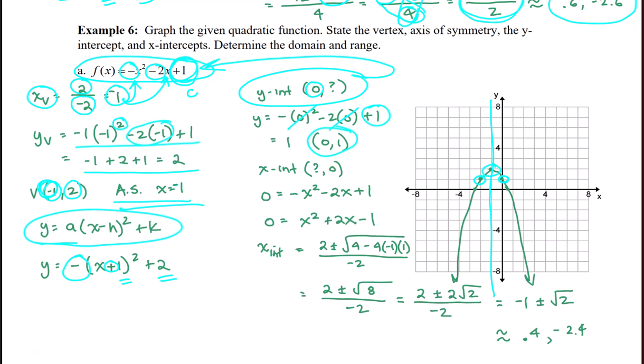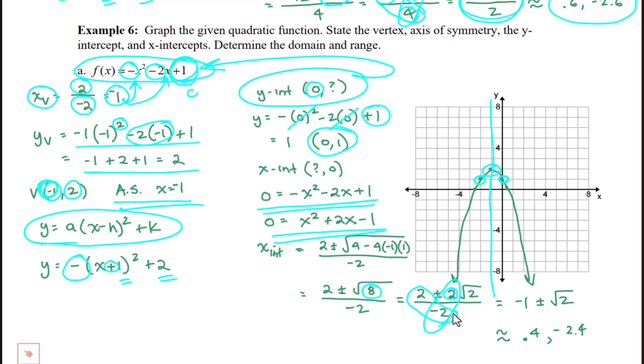Unfortunately, the x-intercepts are still ugly. We take the standard form, pop it into the quadratic formula, clean things up. Don't forget the square root of 8, well, there's 4 times 2. The 4 is perfect. That comes out as a 2. And then I reduce each of these individually.